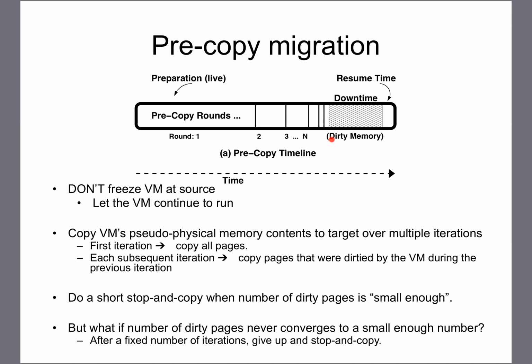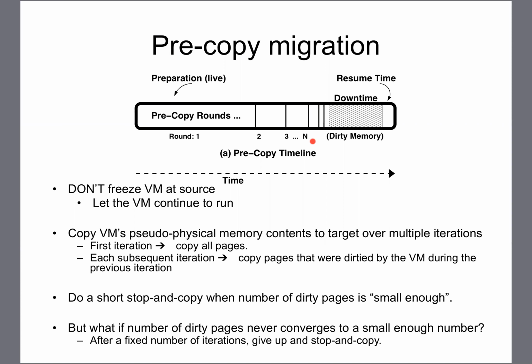If there are lots of write operations during these pre-copy runs, then this pre-copy migration is not going to help. The final downtime would be almost as bad as stop and copy, because if all your pages are dirty, you have to send all the pages over during downtime again, then all the work that you did ahead of time during pre-copy rounds was useless, right? So it doesn't always work, right?